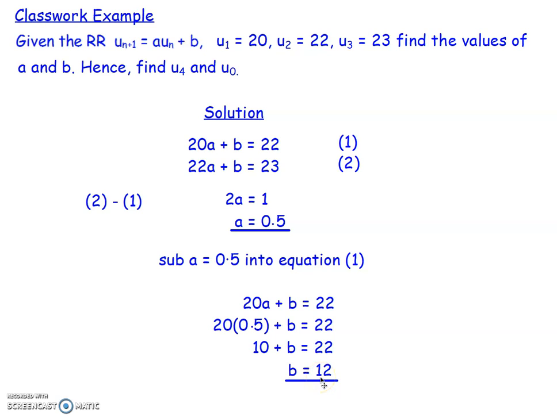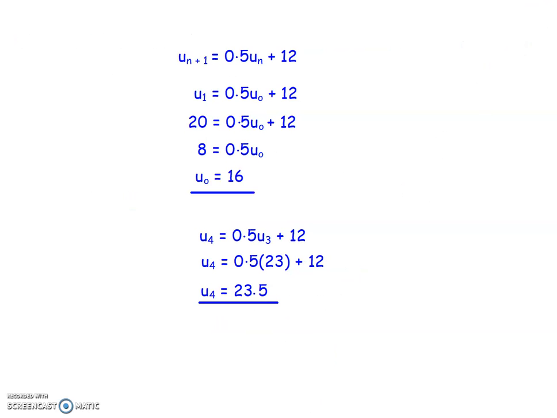And that gives you your a and b values. We can then take those values and substitute them into the recurrence relation. So in this example, it's going to be u(n+1) equals 0.5 u(n) plus 12, because a is 0.5 and b is 12. We can then find out the values of u0 and u4.